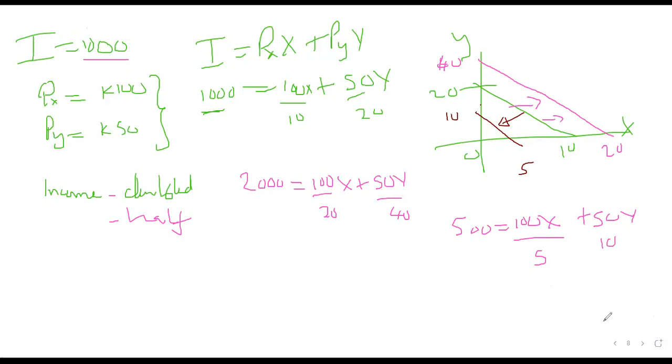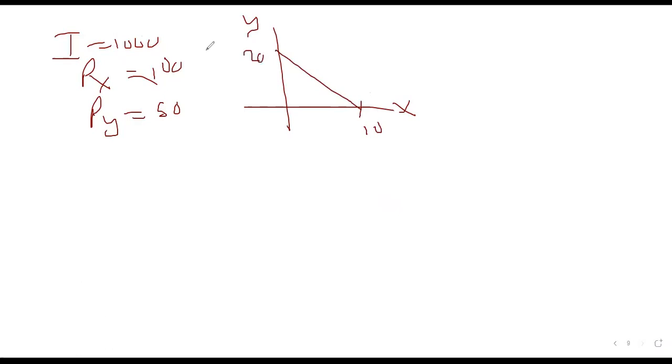So the initial equation will still be cutting the Y and the X. So 100 into 1,000 for the X, it will cut at what? At 10. Then 50 into 1,000 to get 20.